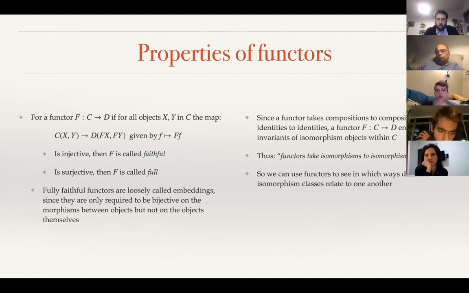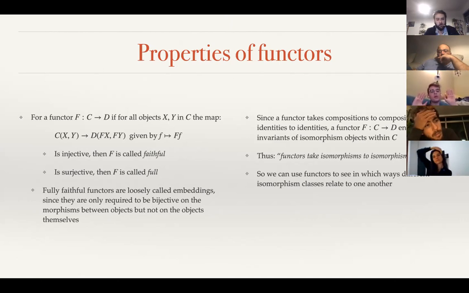So if we look at two objects in C, if they're the same, then if we send them to D through some functor, they're also going to be the same there. For anyone that hasn't gone very deep into category theory and how isomorphisms are used within it, an isomorphism is meant to generalize the notion of equality that is not just set-based equality.